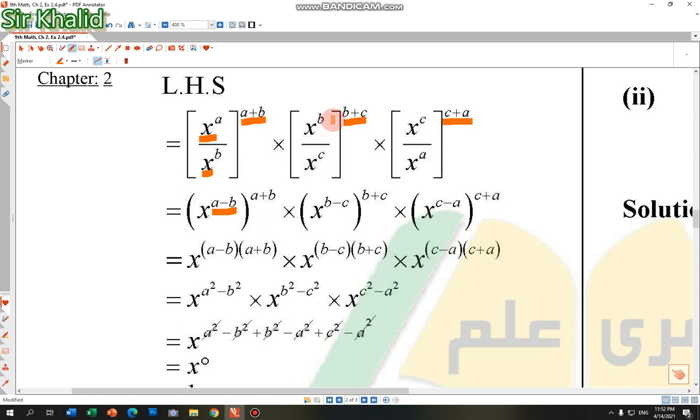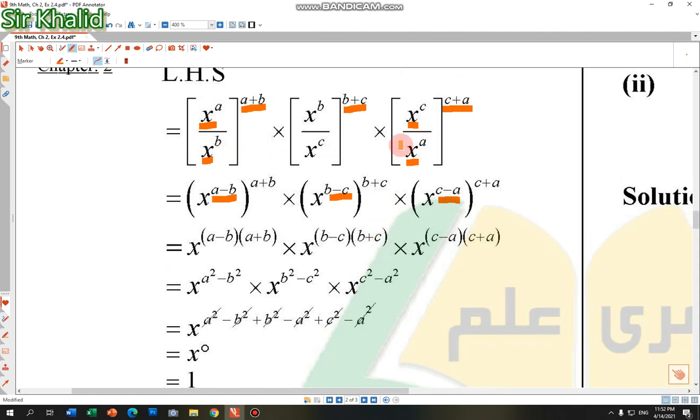Similarly, b minus c, and here again the bases are the same, c minus a.